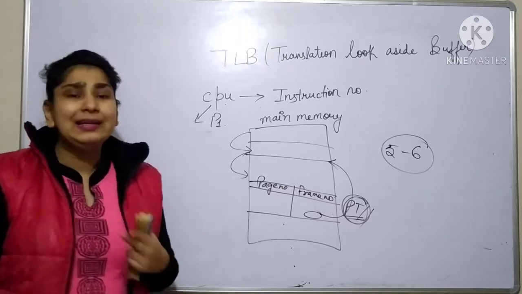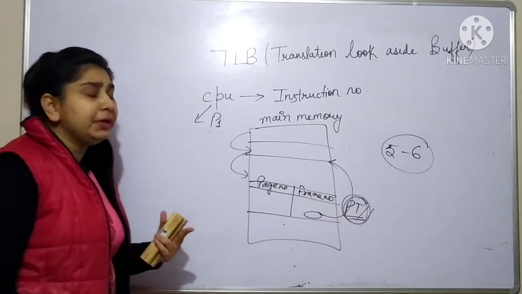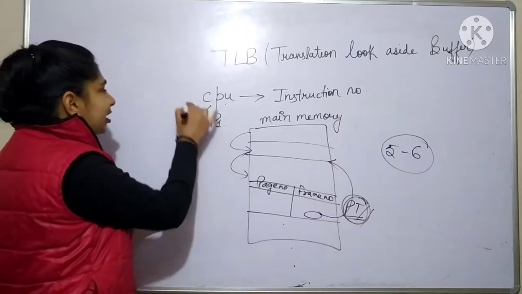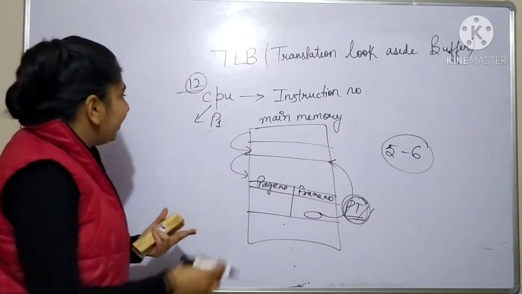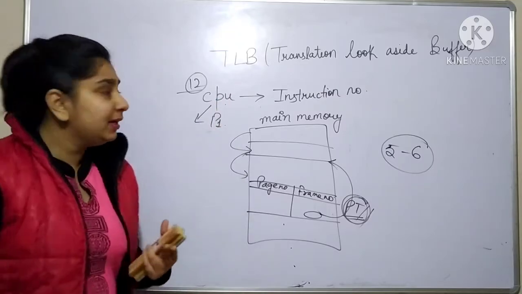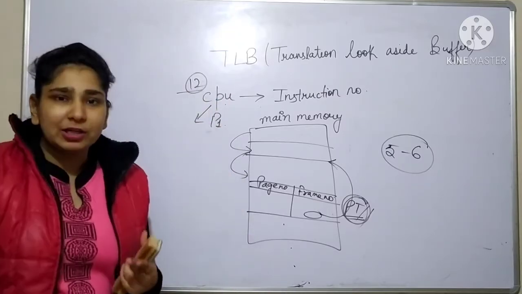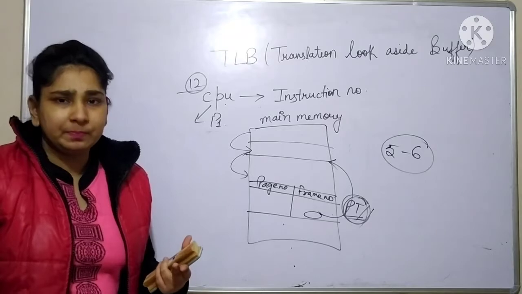Let's suppose your CPU needs instruction number 12 frequently, again and again.